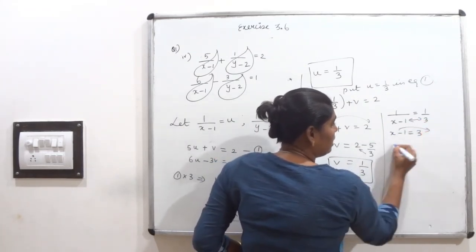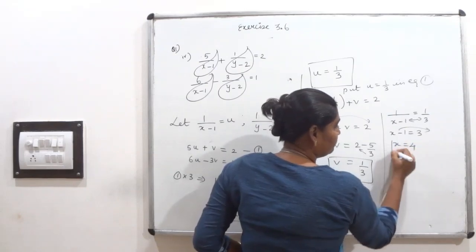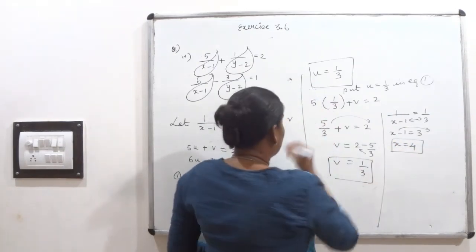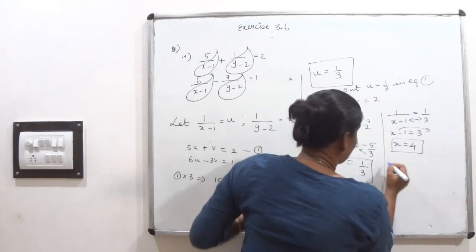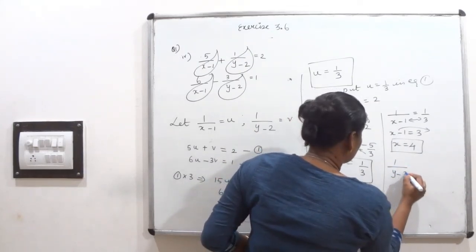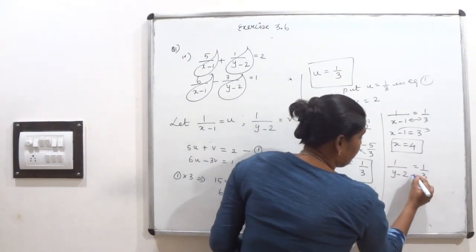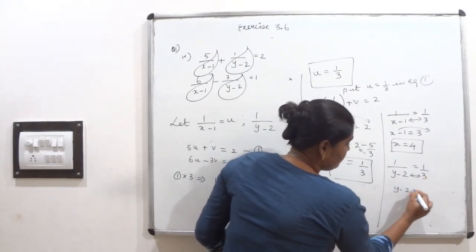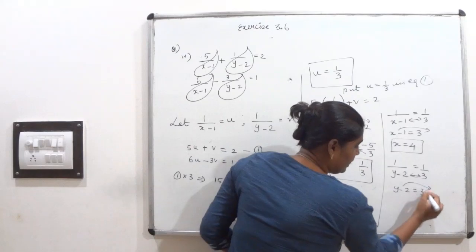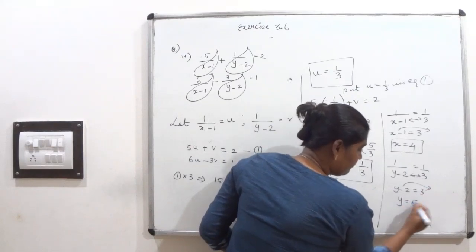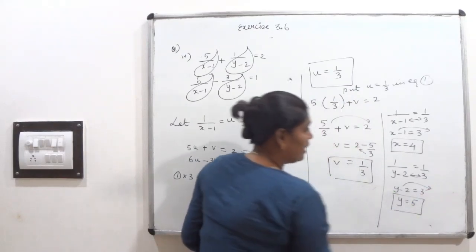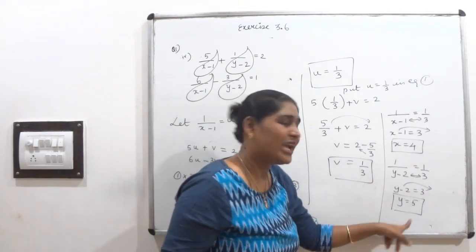Then x is equal to what will come? 4. Then v what you have taken as 1 upon y minus 2, which is equal to 1 by 3. Equate this one, y minus 2 which is equal to 3, then y equal to what will come? 5. So your answers are x equal to 4, y equal to 5.